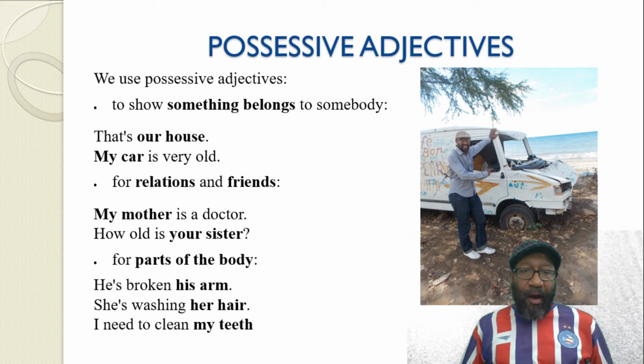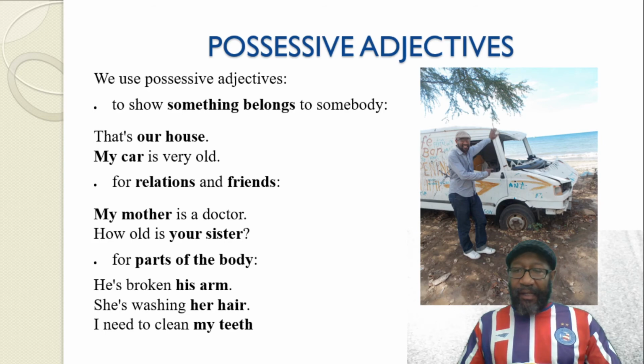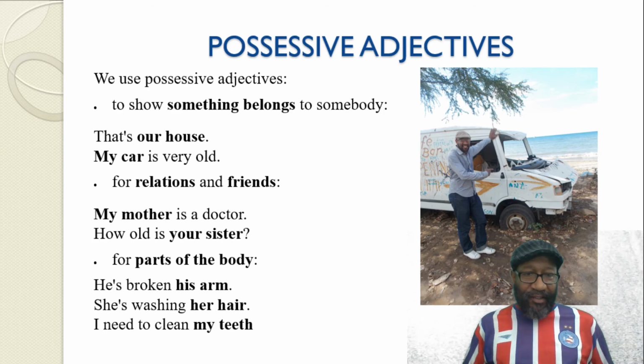My car is very old, so the car is my possession. As you can see in the picture, there's a picture of me in 2013 in East Timor. This is a car that was abandoned, and I just took some pictures pretending that it's mine. If I had a car, it would be almost like that, actually.